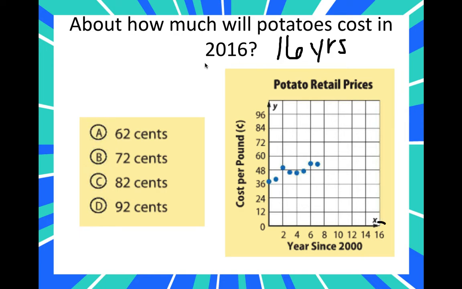So we're actually going to come right here. So it's the very end of our graph. If we follow this trend line along, we want to know where it is going to hit right about here. All right, so I'm going to start right here.